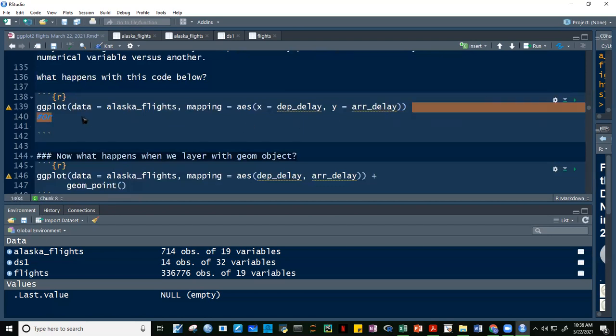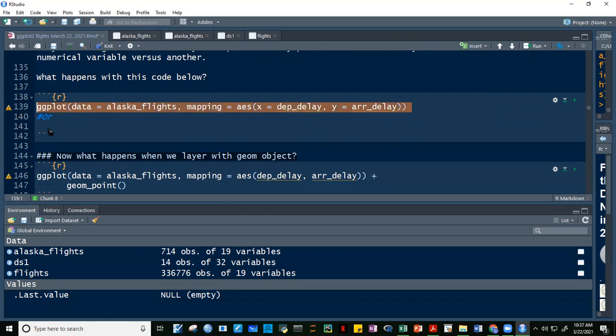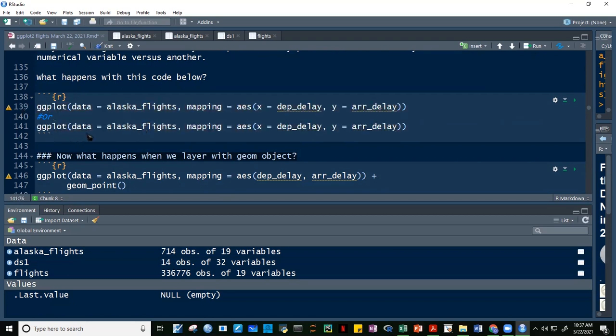copy this. Control-C. Okay. We don't need to define data is equal to, because R already knows that it is the data. And the mapping, we can also leave out. There, so it's the same, guys. They're the same.